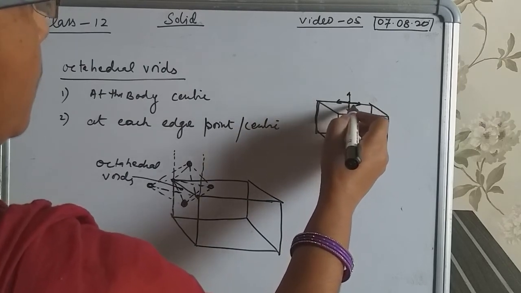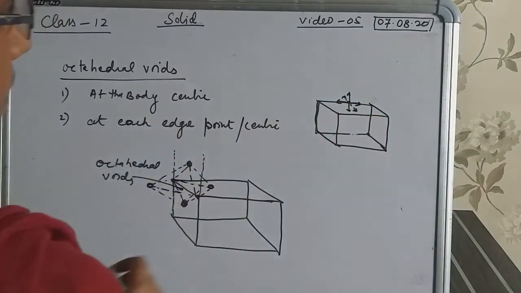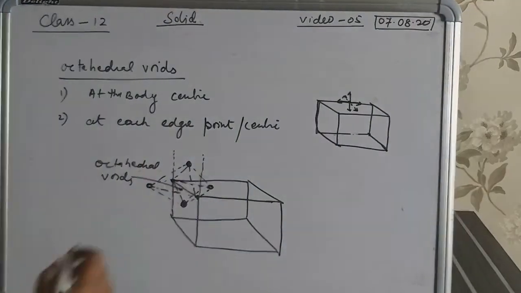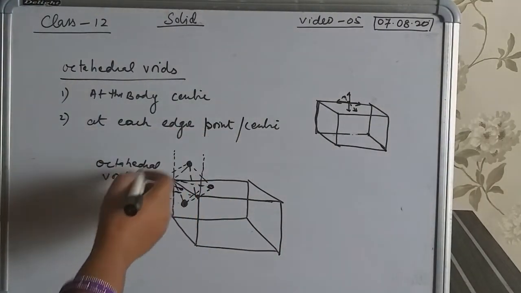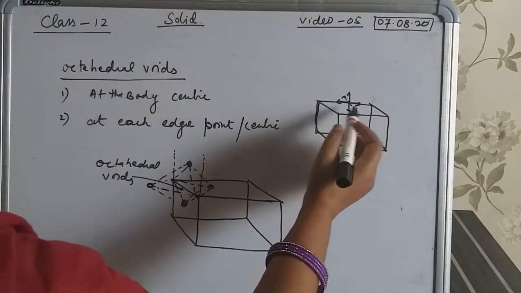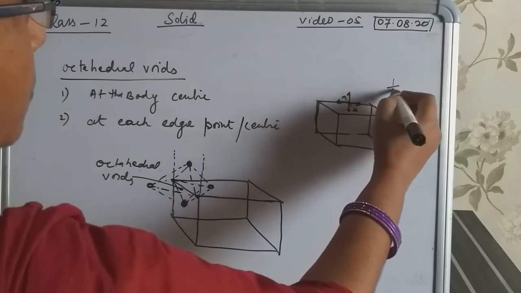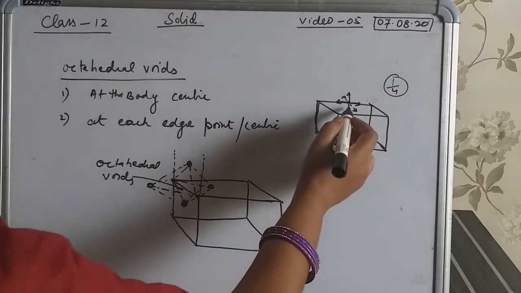At each edge point there is the formation of one octahedral void. So the total number of edges is 12 and the contribution of the atom is only 1 by 4th.